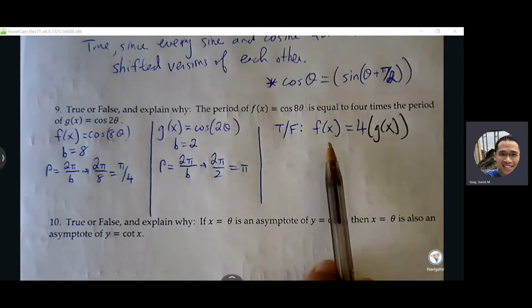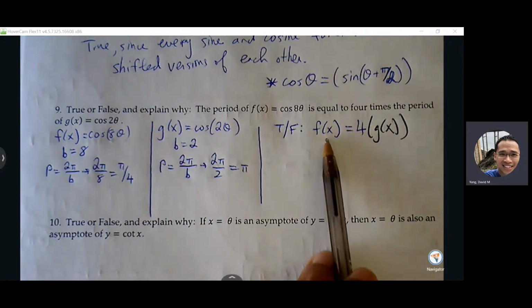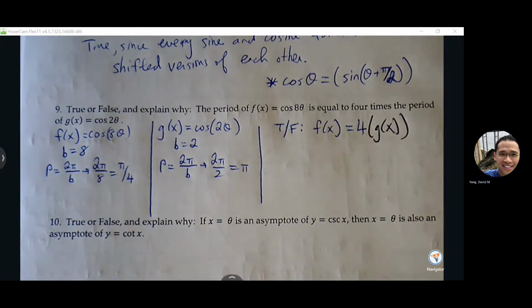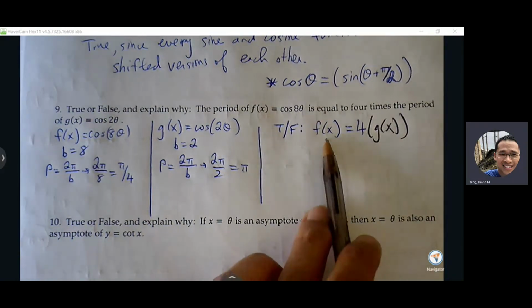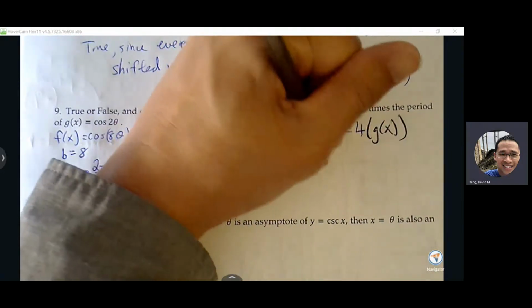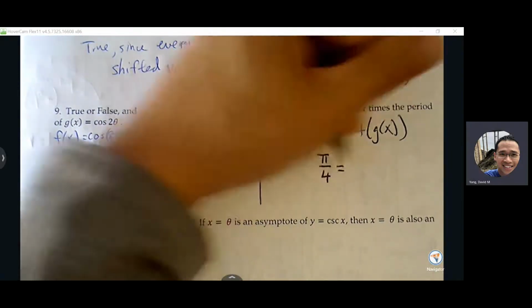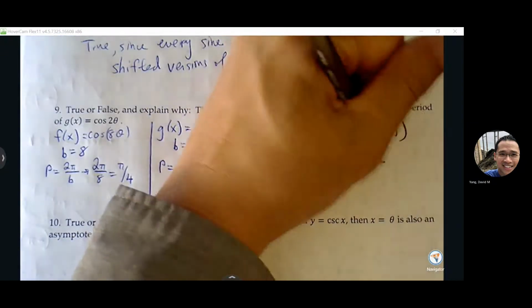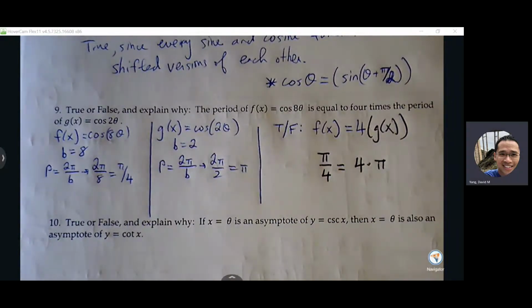Okay, what do you think? Is this a true statement? The period for function f is 4 times that of g of x. Okay, let's test it out, right? F of x is pi over 4. Let's see if this is a true statement. Is pi over 4 the same thing as 4 times? Not the same, right?